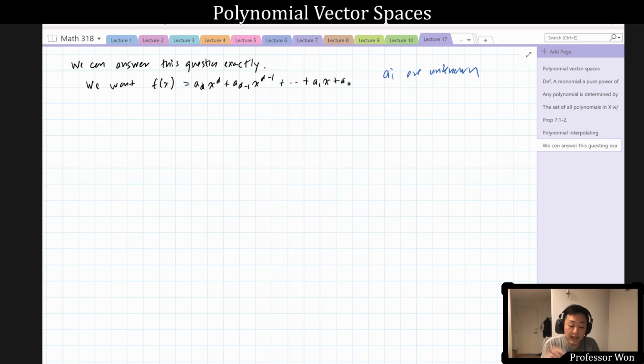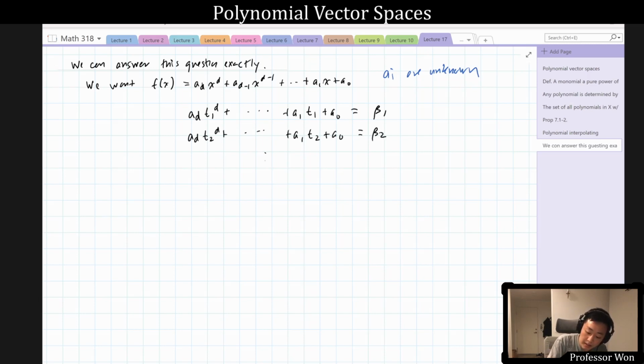That means you can plug in m values into this polynomial. So what do you want? You want ad t1 to the d plus, let me leave off most of these, you want this to equal beta 1. You want ad t2 to the d plus a1 t2 plus a naught to equal beta 2, down to ad tm to the d plus a1 tm plus a naught to equal beta m.